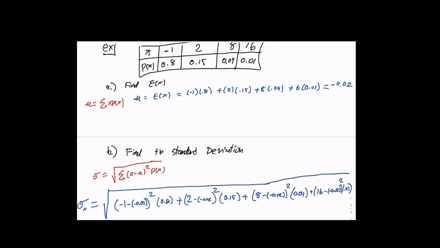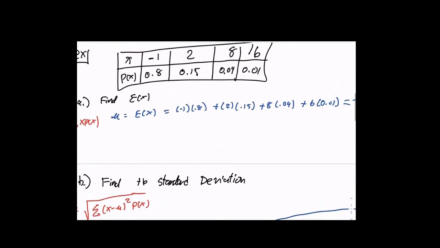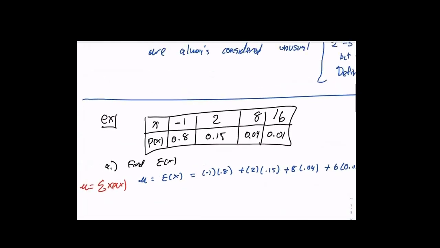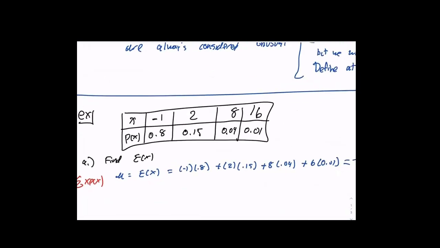Now, in looking at this problem, I know my average is negative 0.02. What seems like a reasonable answer for my problem? What do you think? Before we actually do any of the work, my answers vary from -1 to 16, so that's like 17 apart. If I had to take a guess, I would divide that by 2 at least, and that gives me 8.